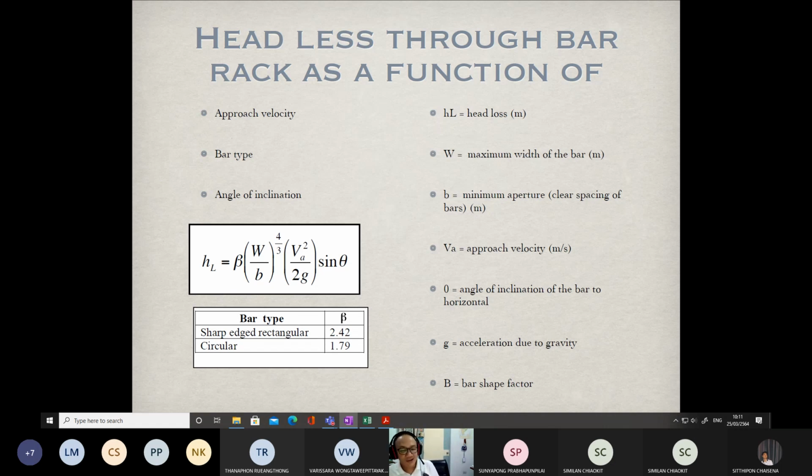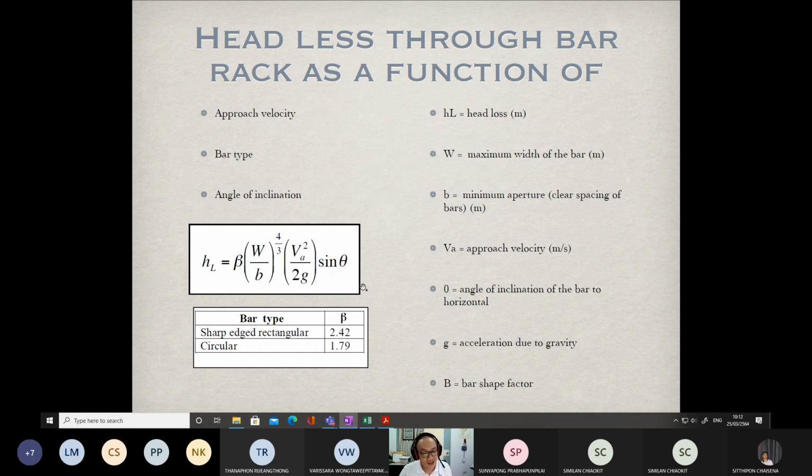Va is the approach velocity. Theta is the angle of inclination, 60 degrees or 45 degrees, so it depends on how we place the bar with respect to the horizontal. g, everyone knows, is the acceleration due to gravity. And beta, as I told you, is the bar shape factor.